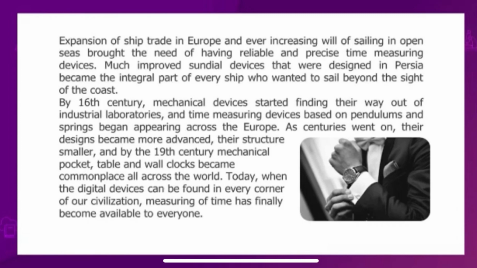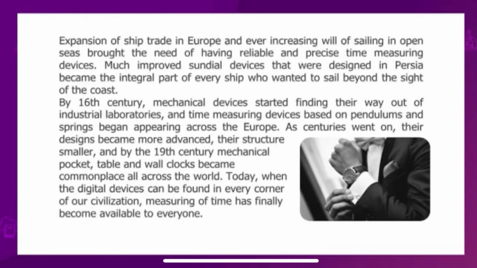By the 16th century, mechanical devices started finding their way out of industrial laboratories, and time-measuring devices based on pendulums and springs began appearing across Europe. As centuries went on, their designs became more advanced, their structure smaller, and by the 19th century, mechanical pocket, table, and wall clocks became commonplace all across the world.